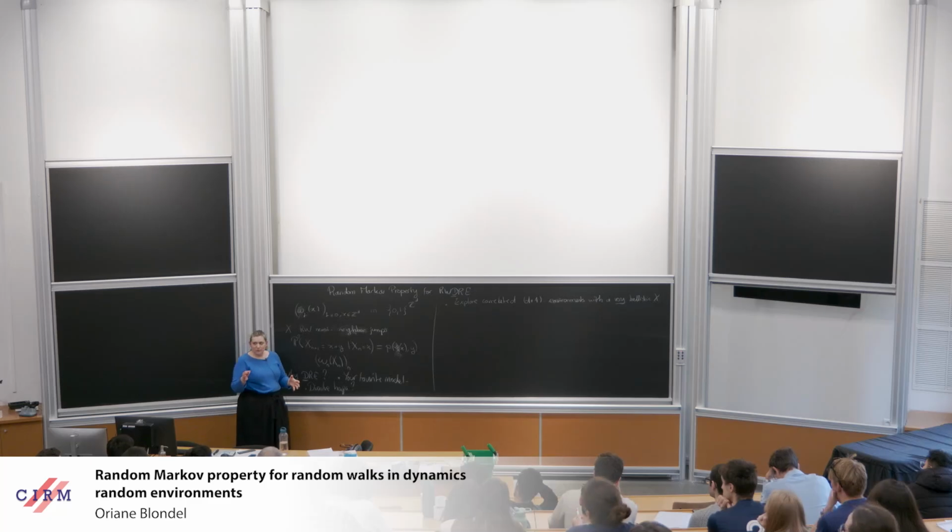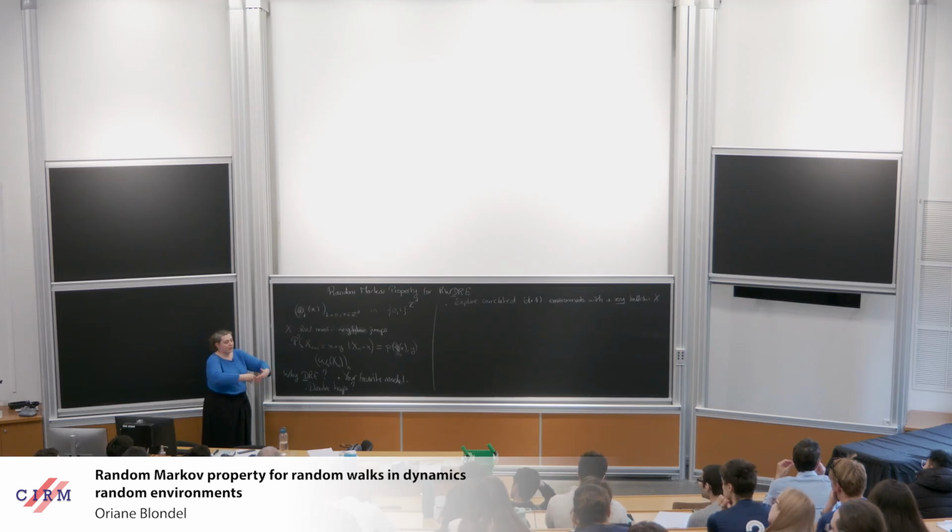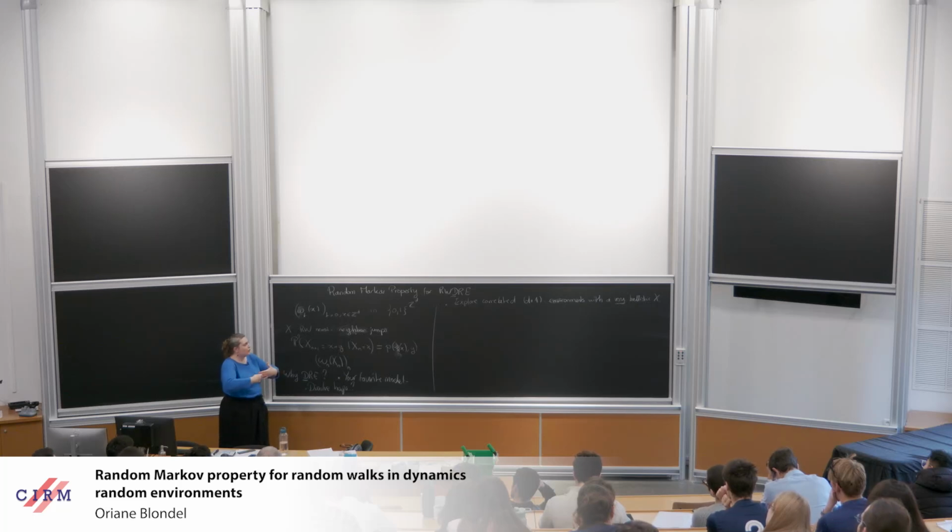We saw this in a talk yesterday by Vittorio, I think: if you are drifted in some direction, at some point you are going to reach a place which you've never visited before, and whatever you will visit after, you have never visited before. And if your environment is independent, then all the information of the future is independent from your past. So that gives you a regeneration time.